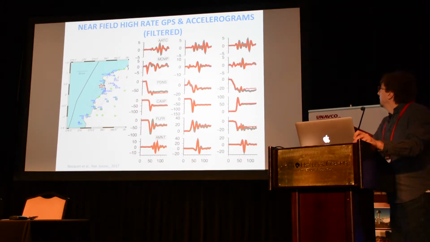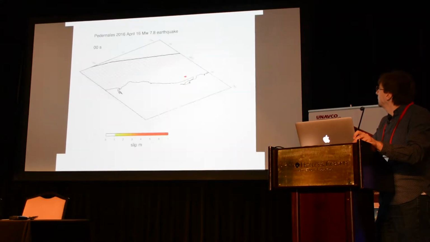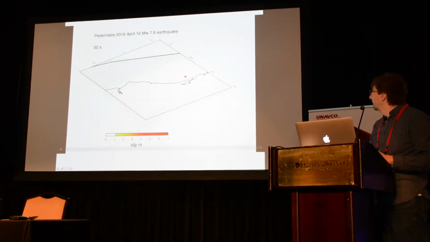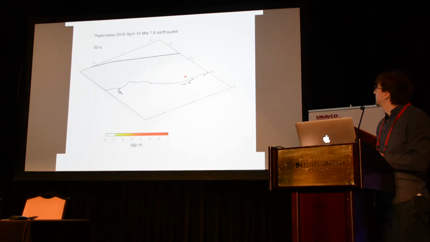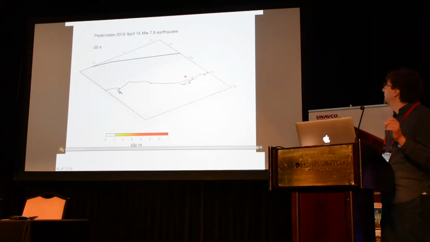So we did a kinematic inversion using high rate GPS and accelerometers. I won't go into the detail, but I'll show you the result of our kinematic inversion if it works. Yes. So the red square is the epicenter.